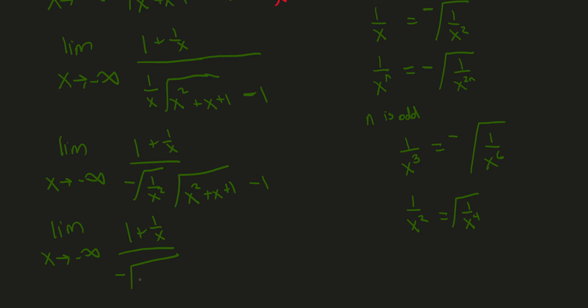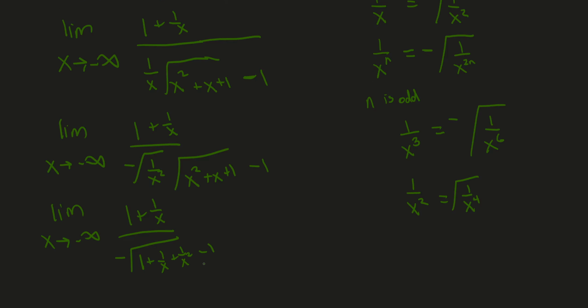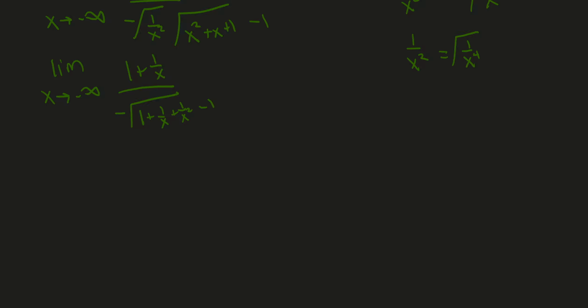That's going to be negative square root of 1 plus 1 over x plus 1 over x squared minus 1. Okay. Now it's our usual stuff. This approaches 0. This approaches 0. This approaches 0. At this point, we're taking the limit as x goes to negative infinity of 1 over negative square root of 1 minus 1. That's 1 over negative 1 minus 1. And you get negative 1 over 2.